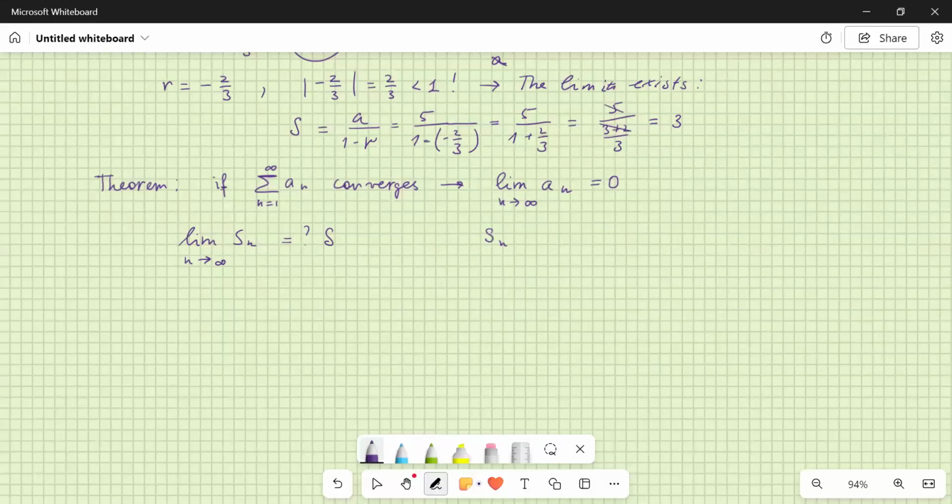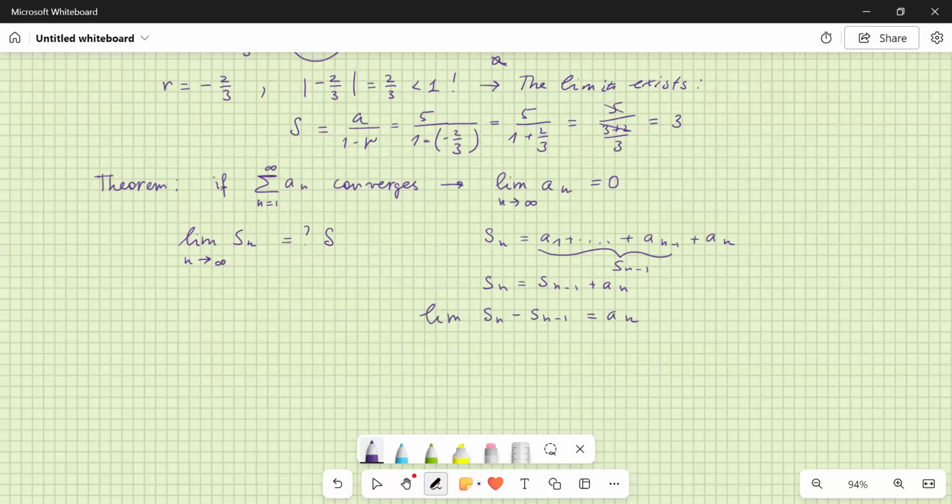Partial sum S_n is a_1 up to a_(n-1), a_n. This one is partial sum S_(n-1). So we can write down that S_n equals S_(n-1) plus a_n. The next partial sum is just the addition of an extra element. From this, we can write down that S_n minus S_(n-1) equals a_n, the term.